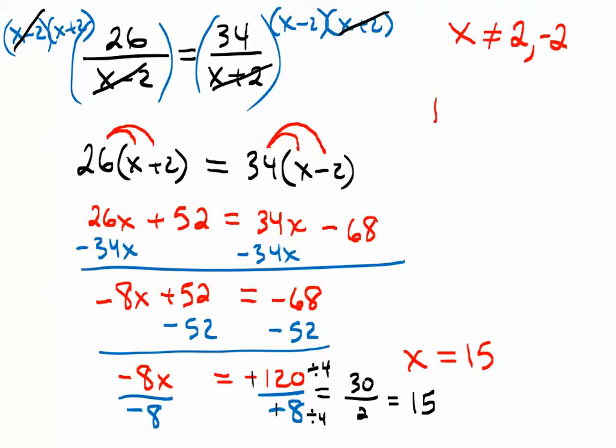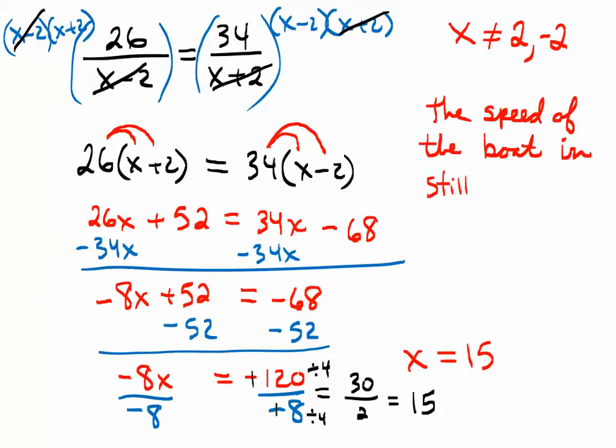Perfect. Yeah, I would agree with that. The only thing I would include is in still water, because that was the question initially, right? What's the speed of the boat in still water? It means if there is no current at all, what's really happening with the boat here? So the still water is 15, and then the units come in as 15 miles per hour.